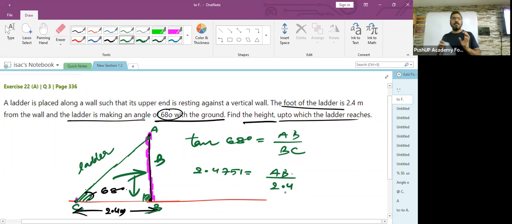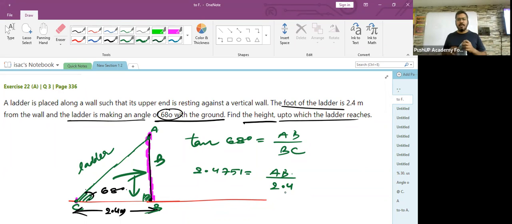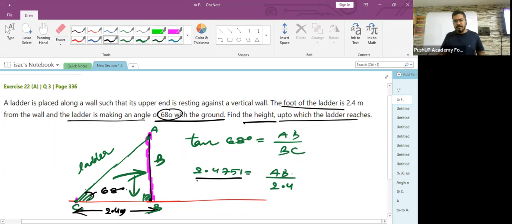Now pay attention. I have to share a very important note over here. Children, many of the students make this mistake in the board paper. What is the value of tan 68? It is 2.4751. You all use the Clark's table, which is given at the end of the textbook, and you got the value as 2.4751. Now, what students do is they try to directly round off this 2.4751 to two decimal places.